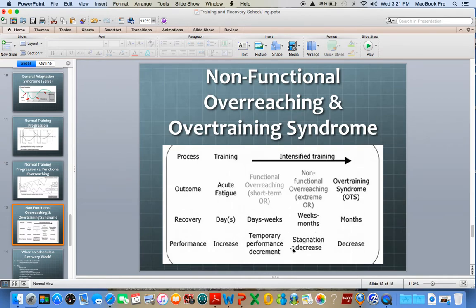So what's called stagnation or even a decrease in performance, and obviously what's called overtraining syndrome if we continue to pump out those training sessions without adequate rest, right? So we really want to be, with regards to training, in this area, acute fatigue and functional overreaching. Okay, and when you get into this area, it's time to take a little break.